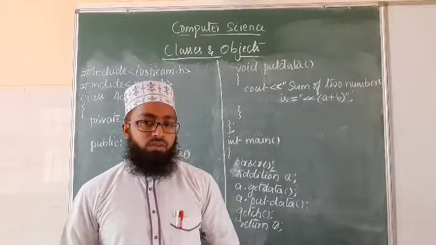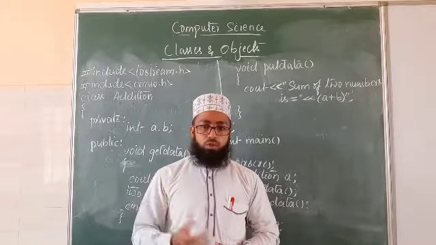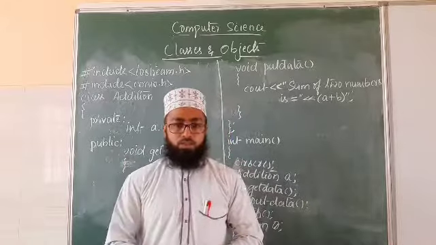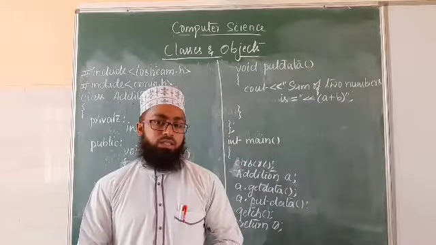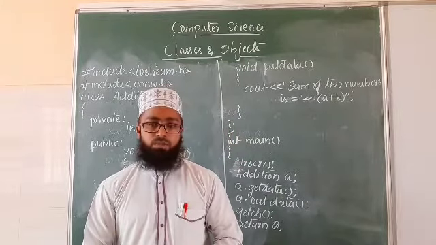So far we have discussed access control specifiers, member data and member functions, private, public, all these things. Now I am going to explain access specifiers: what access specifiers are called and how many types of access specifiers there are.